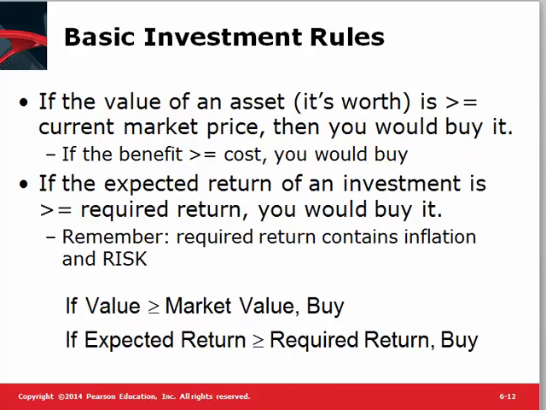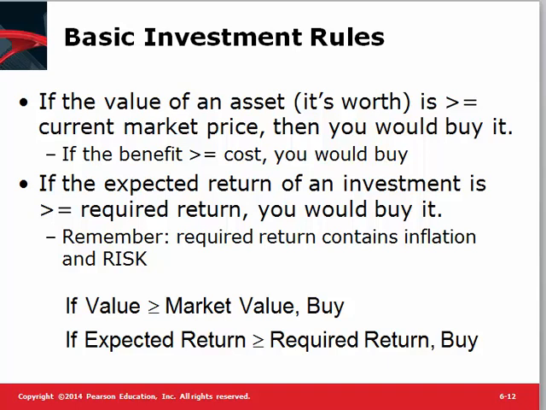Our basic investment rule then says if the value of an asset, if what it's worth, is greater than or equal to its current market price, you'd want to buy it. And this is just a simple cost-benefit question. If you think you're going to get more than what you have to pay for it, you would be willing to buy it.